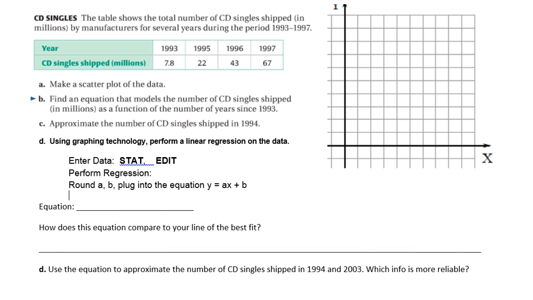Now we will use the calculator to find and perform linear regression. To find the equation and perform linear regression, we have the data given, and we are going to enter the data in a calculator where x is going to be number of years and y would be CDs.